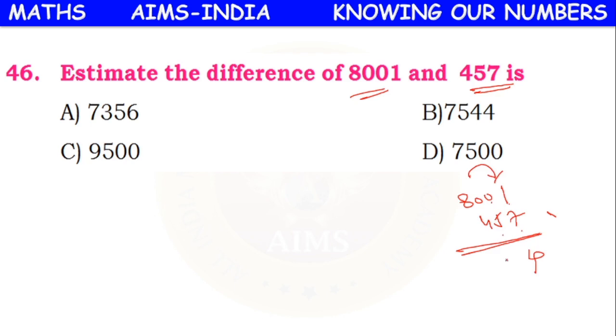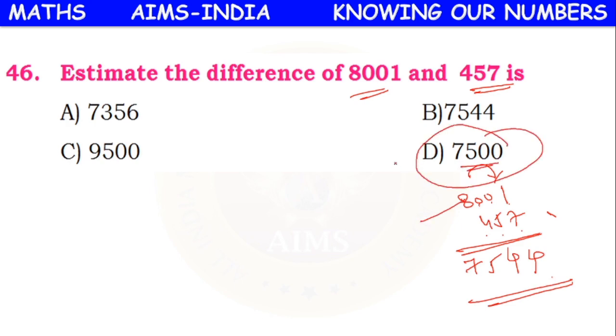Here 9 will be there, 9 minus 5, 4. Here 9 minus 4, 5. Here 7 will be there. 7,544. So nearest hundreds, 7,500 we can take. D option is the correct answer.